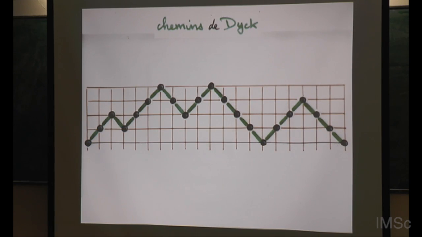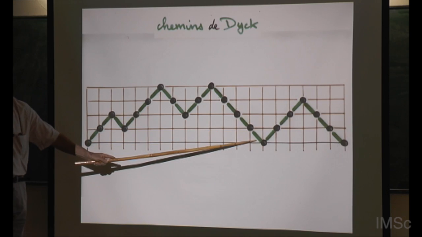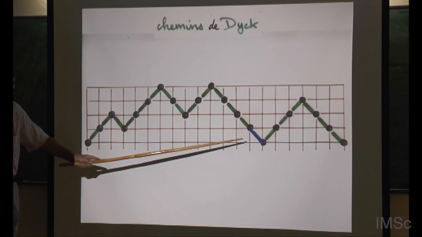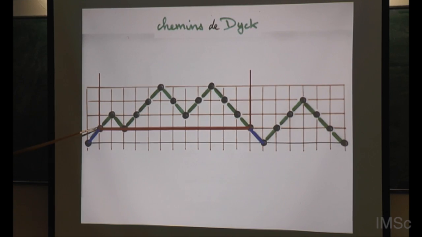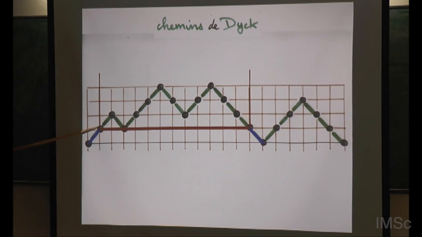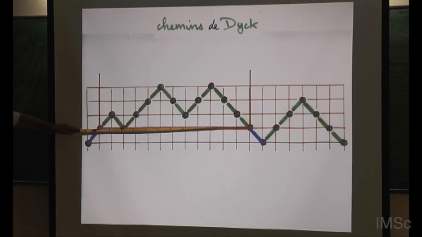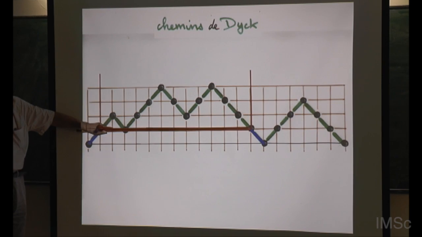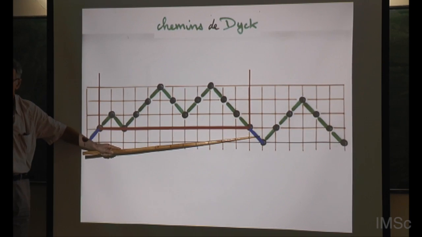If you want to find the generating function of Dyck paths, take the first time you touch the 0 level, and then you can split the Dyck path into first a northeast step, then you have a certain portion of the path which is above level 1, and then you go back to level 0.